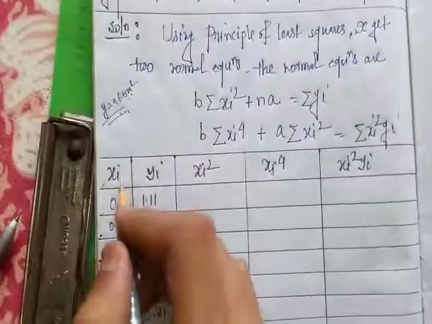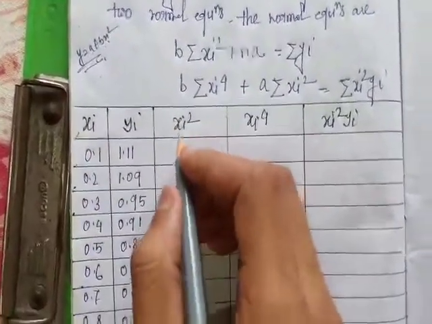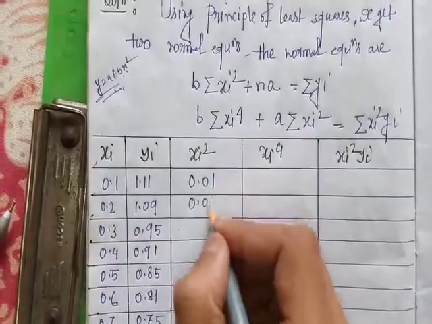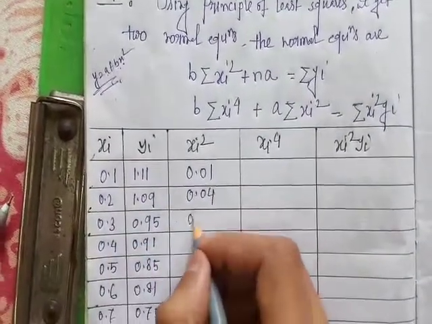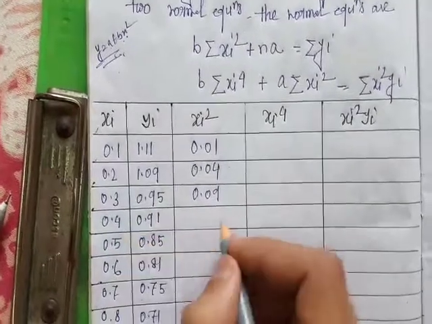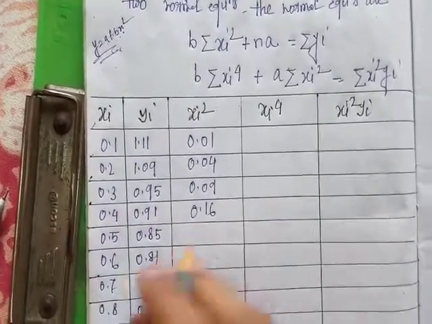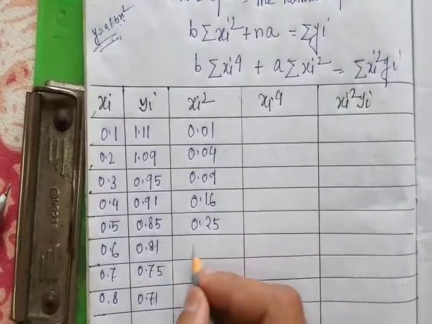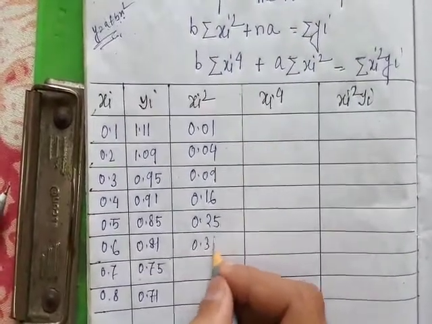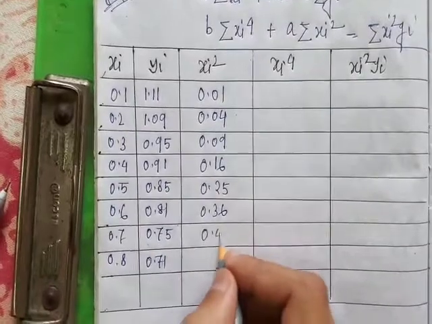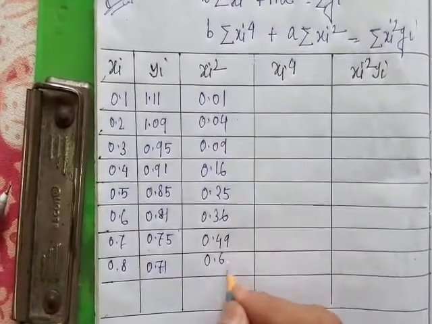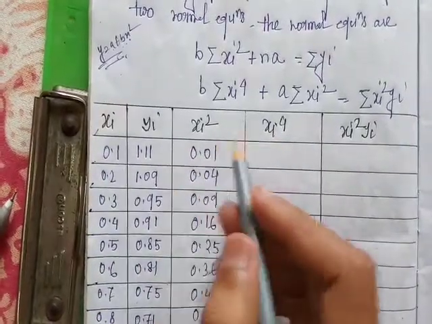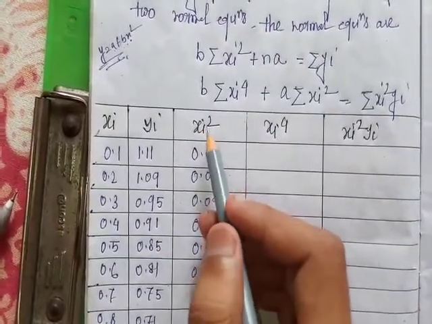Now xi square: 0.1 square is 0.01, 0.2 square is 0.04, 0.3 square is 0.09, 0.4 square is 0.16, 0.5 square is 0.25, 0.6 square is 0.36, 0.7 square is 0.49, and 0.8 square is 0.64.